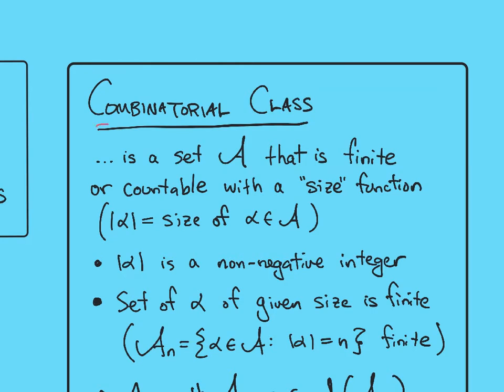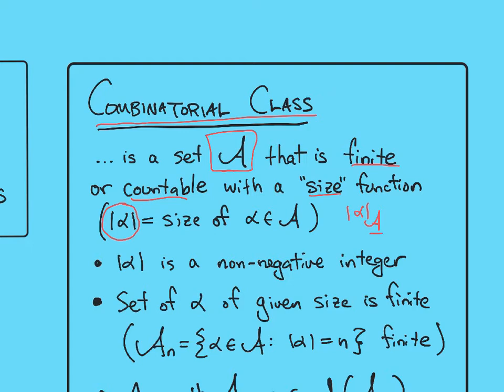So a combinatorial class is a set A that is finite or countably infinite, and it has to have a size function. And we'll usually denote the size of an element of A with just absolute value bars, or if we want to be specific about what class we're using, we'll use the class as a subscript.